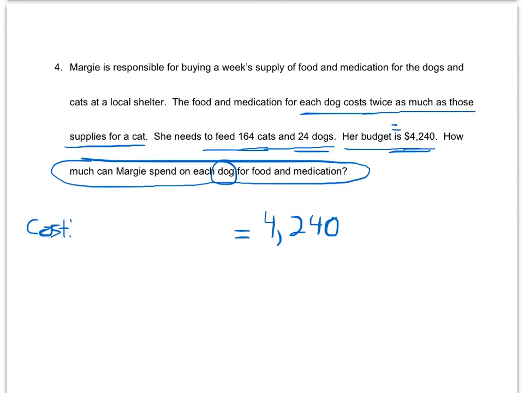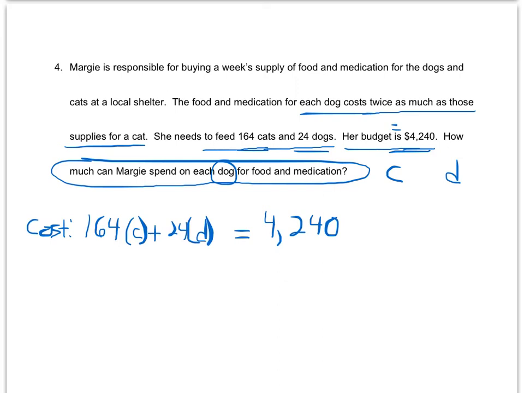I always think it's helpful to write out like in words what this equation is dealing with. Okay, so if we're feeding, obviously I think the best variables for this would be C for cats and D for dogs. Okay. If we're feeding, let's see, we're feeding 164 cats, right? So 164 C plus 24 dog, 24 D. Okay.